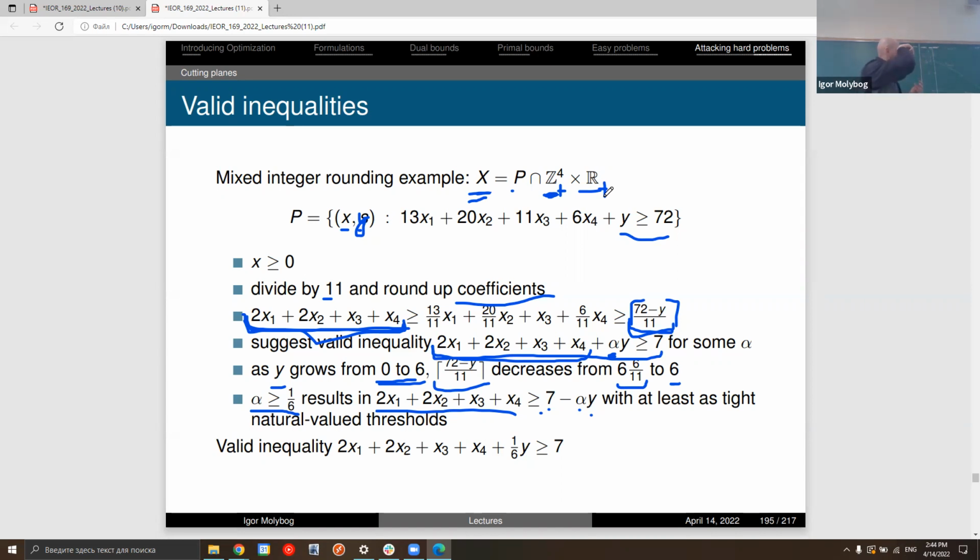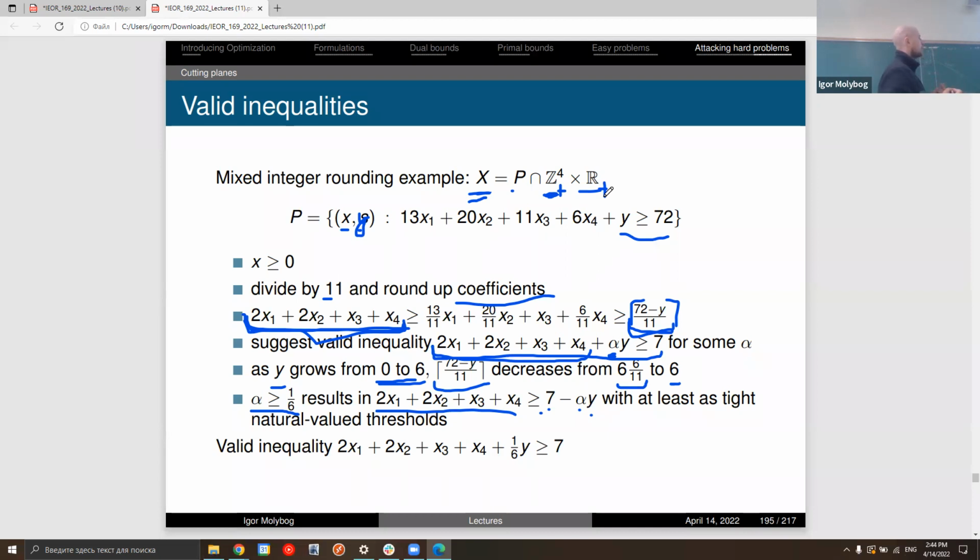Okay, and so our aim essentially is to make sure that these dotted lines match. So we would like to come up with a different inequality.